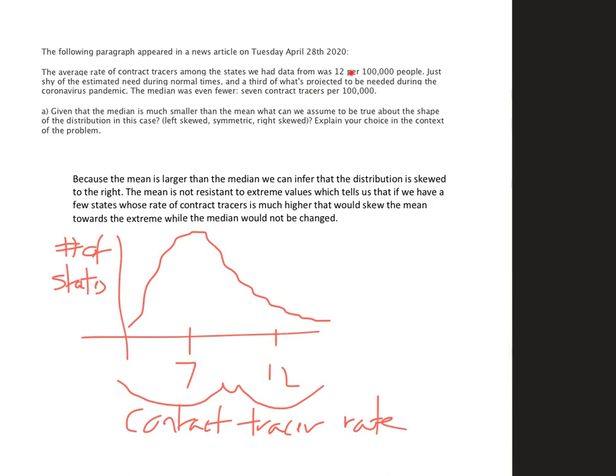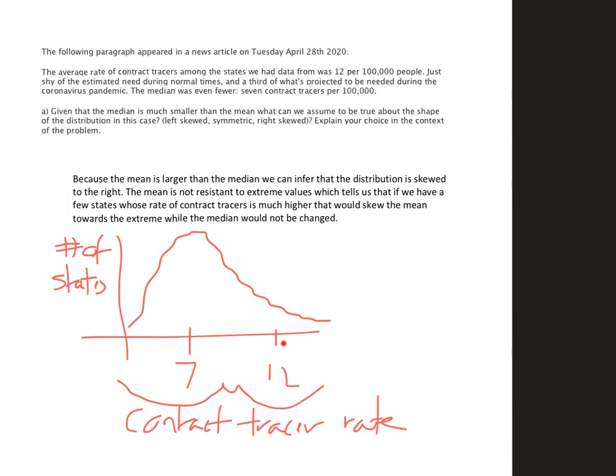But because the mean, so that's the average, the mean is 12, that means there's a few states who are way out here that's pulling that number way farther than the median. Whereas maybe you've got a couple states that are low, but the difference between this low and this high is not as extreme, because when you take the median, 7 is in the middle, regardless of whether that biggest number is 12 or 1,000. 7 is just in the middle.